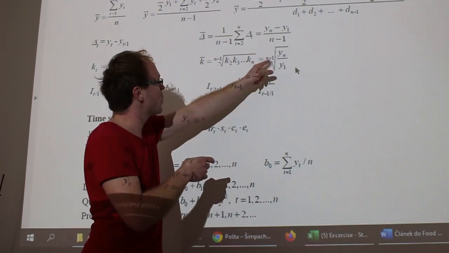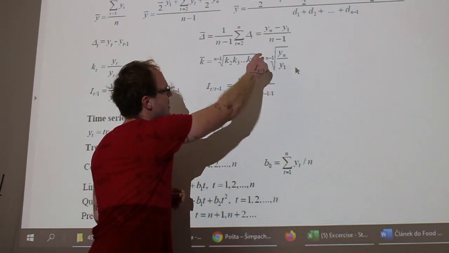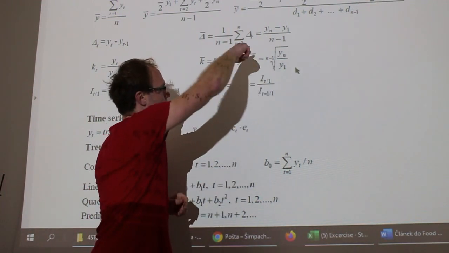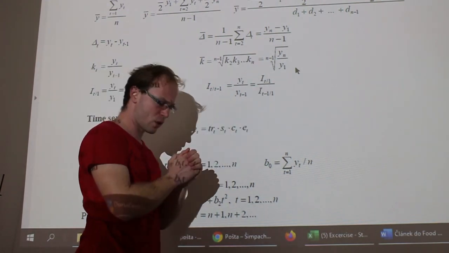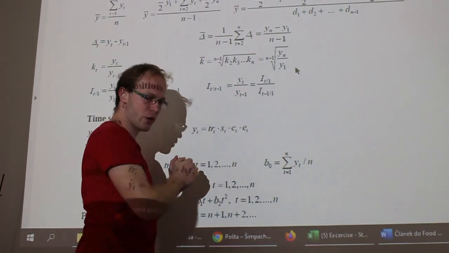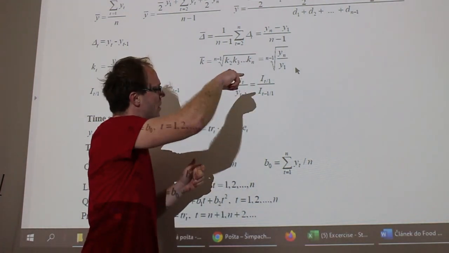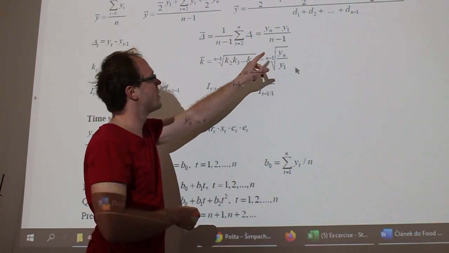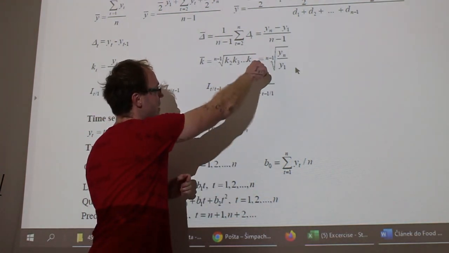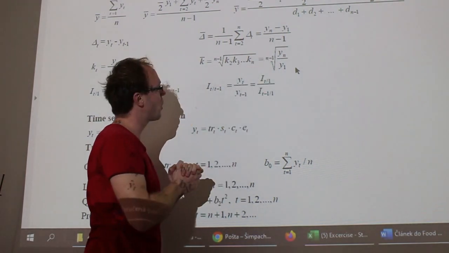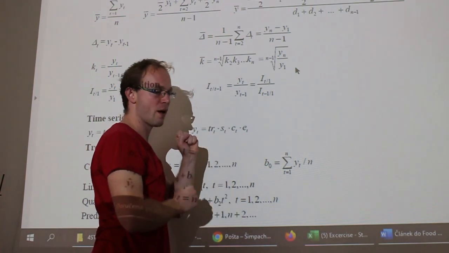And because we have 6 observations, so there is 6 minus 1 root. How can you calculate this root? Using power function. We use hat, and we will use power by 1 divided by 5, because 6 minus 1 is 5, so it will be this ratio powered by 1 divided by 5.